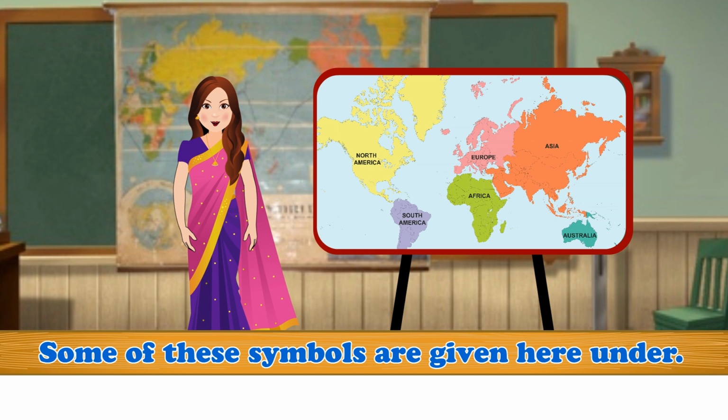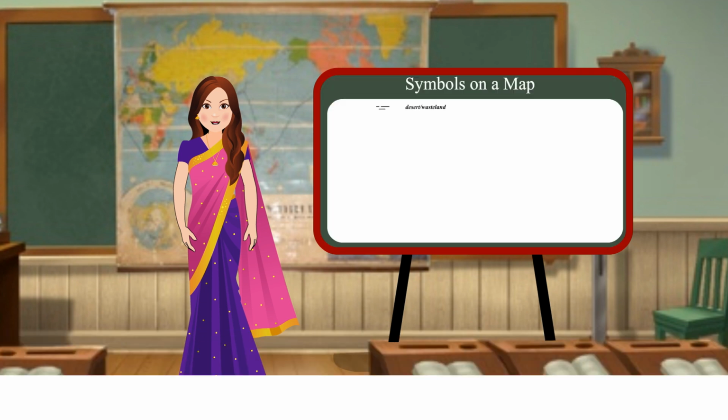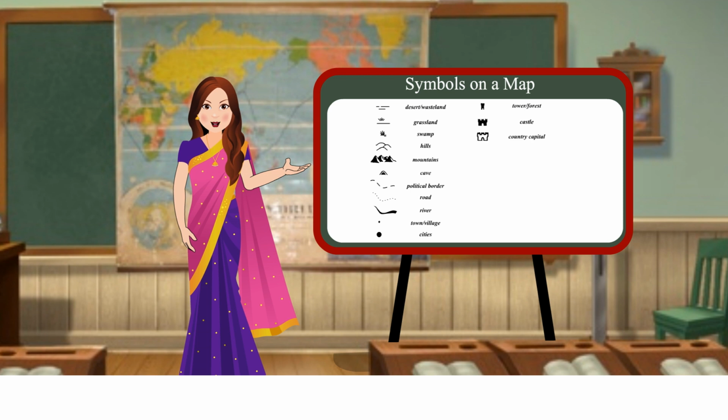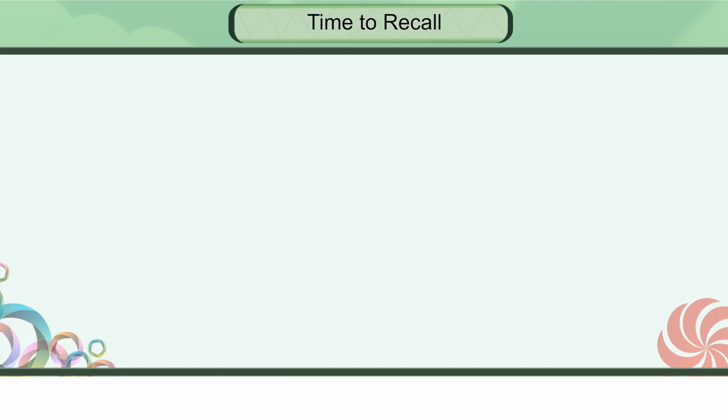Some of these symbols are given here: desert or wasteland, grassland, swamp, hills, mountains, cave, political border, road, river, town or village, cities, tower, castle, country capital, windmill, forest, lake, reef, canyon.